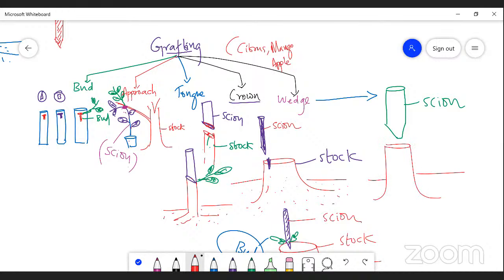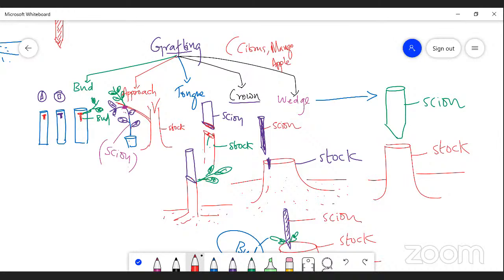What are scion and stalk? I'd like to remind you once again, both of them are two different parts of the plant, which are taken in the same size and thickness.